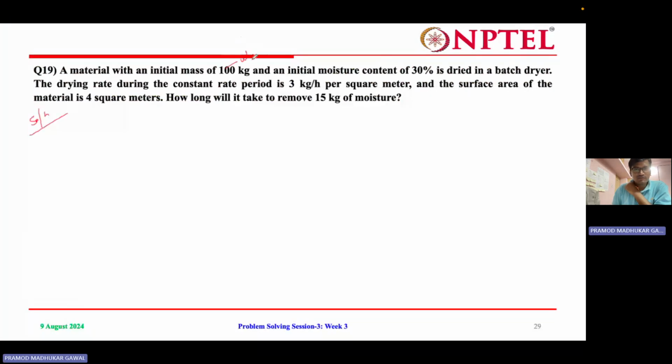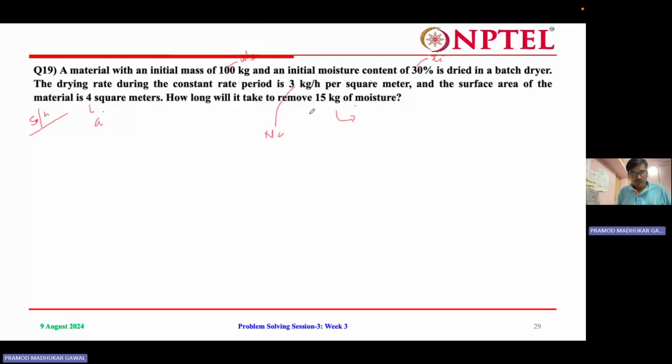W is given, initial Xi is given, the area is given, and Nc is given. Right?